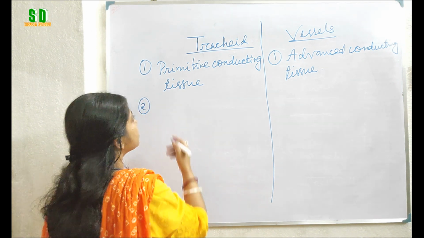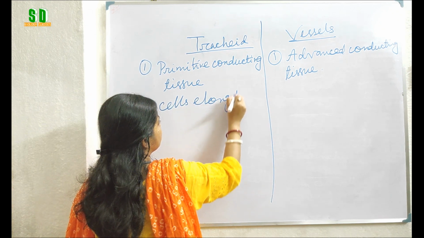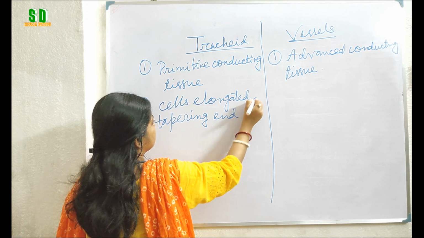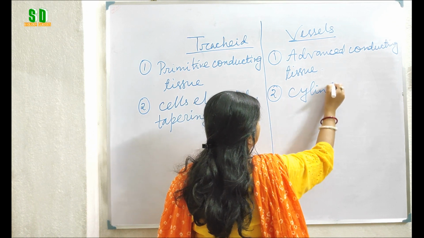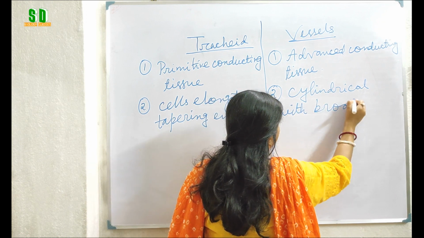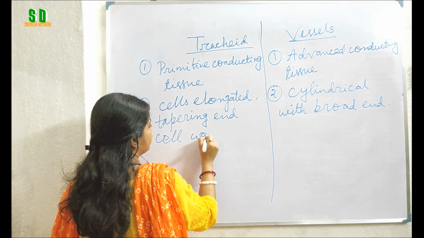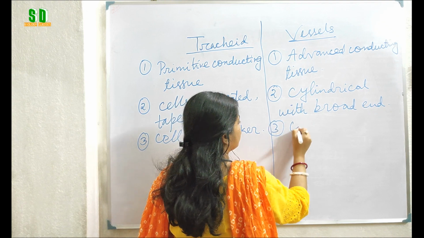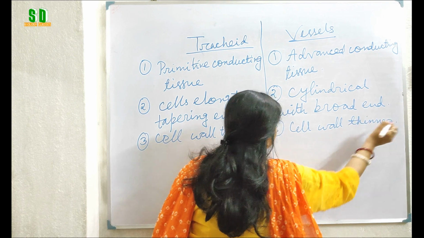The cells of the trachea are elongated with tapering ends. In the case of vessels, the cells are cylindrical with broad ends. In the trachea the cell wall is very thick, whereas in vessels the cell wall is thinner compared to the trachea.